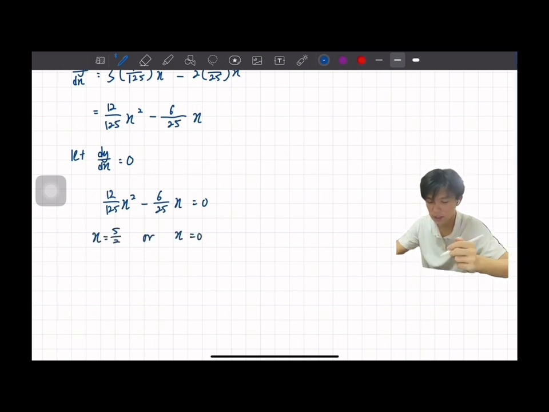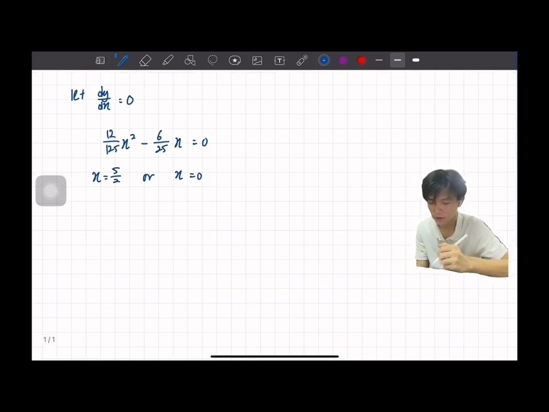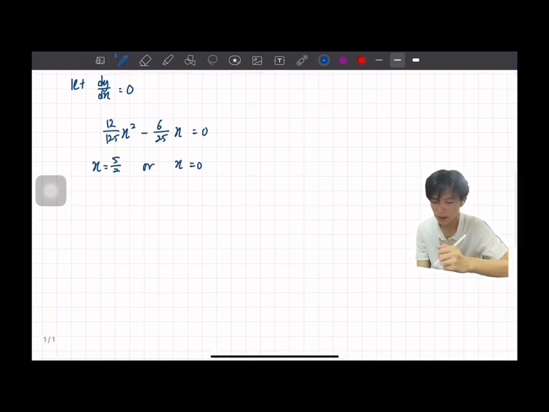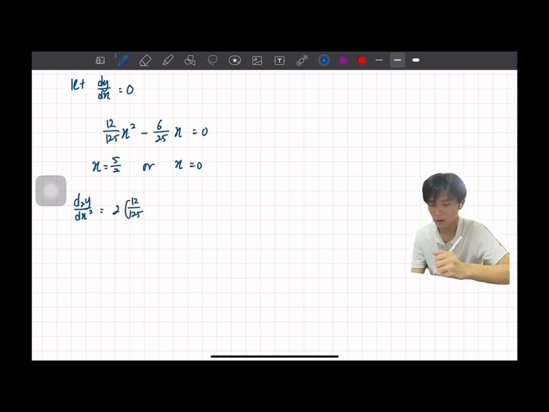And now we can see that we have got two answers, which is x equals 5/2 or x equals 0. And now we need to do the second derivative to find out which one is the maximum or minimum point. So now we need to do the d2y/dx squared first.